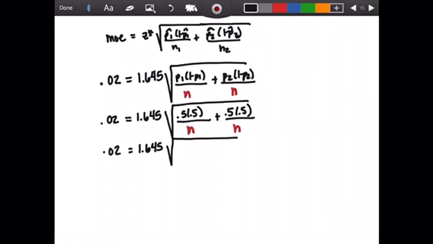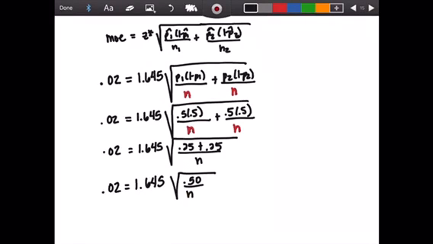Under this radical, if we have the same sample size, we could add these fractions together. So 0.25 plus 0.25 all over N. Or this comes out to 0.02 equals 1.645 times the square root of 0.50 over N.